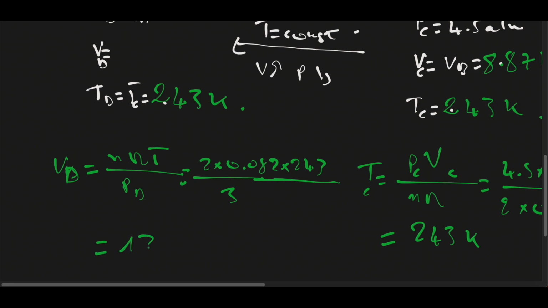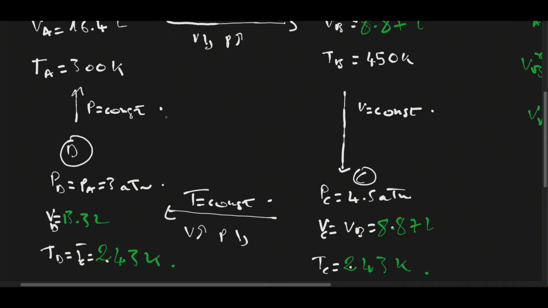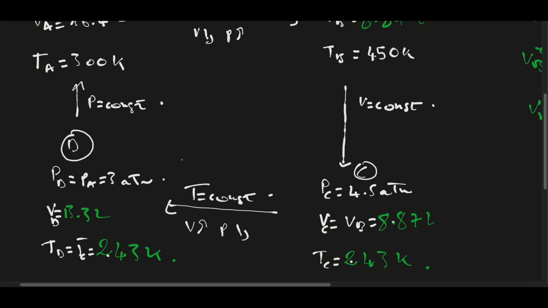Here we get a value of 13.3 liters. So there are all the state variables for each state.